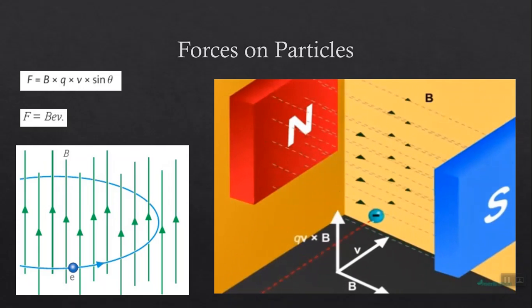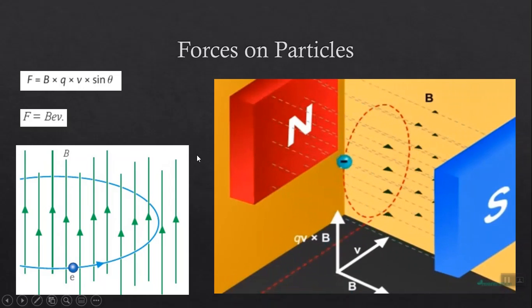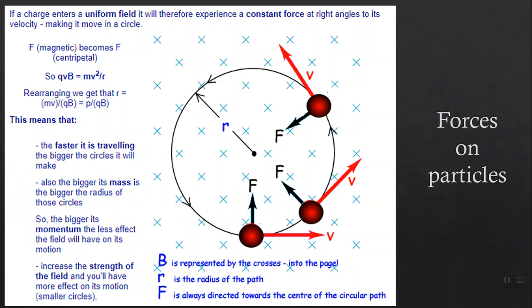This force always acts towards a center, which we call centripetal force, causing centripetal acceleration of the charged particle and making it move in a circular motion. That is the full idea about forces on particles.